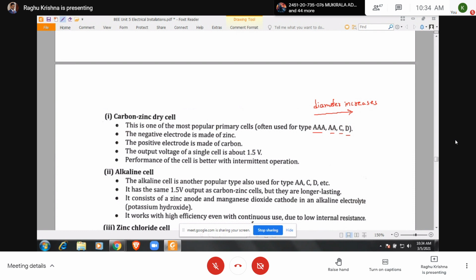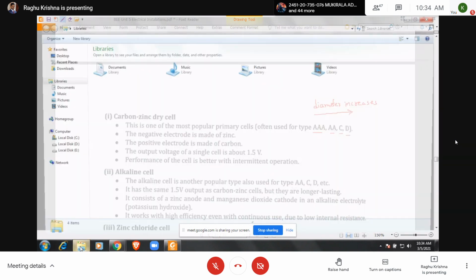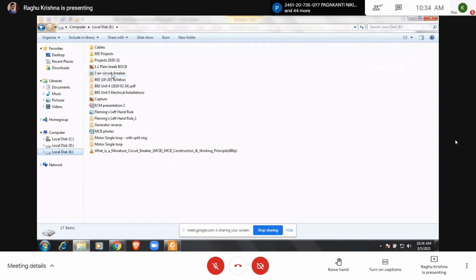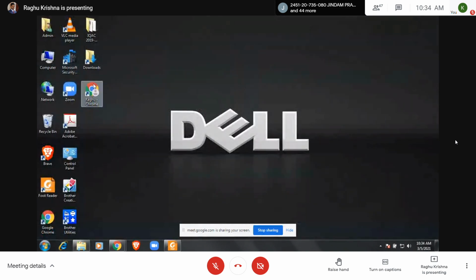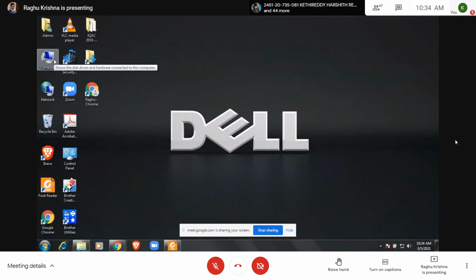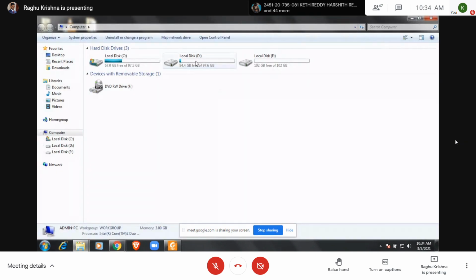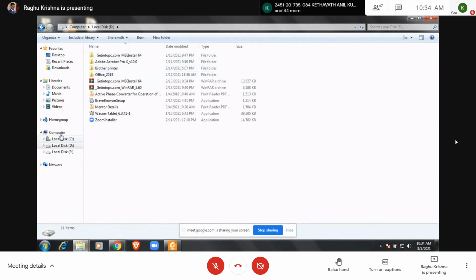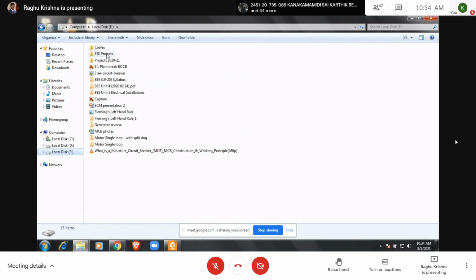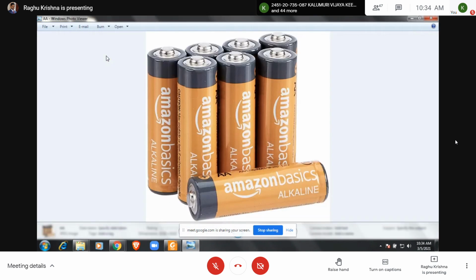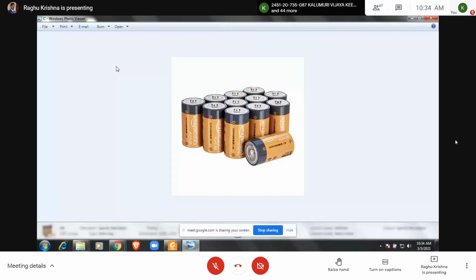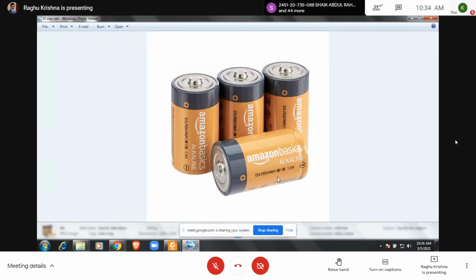You might have already seen this type of cells. Here these are C type and these are D type.